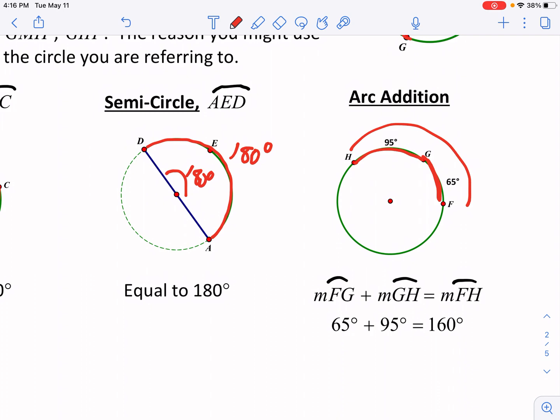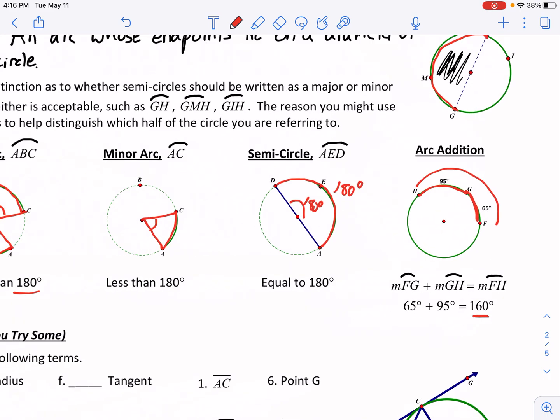All it's saying is that we can add up the measures and that gives us the total from F to H, which we're going to spend some time on tomorrow. Just like we talked about before with segment addition, we can take the 2 small pieces and get the big piece. That's the same thing going on here with arc addition.